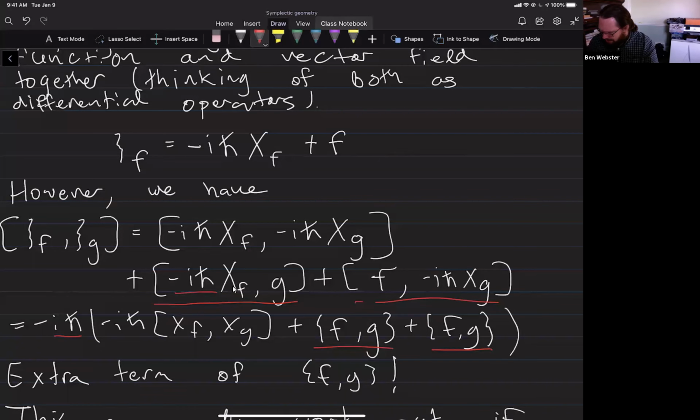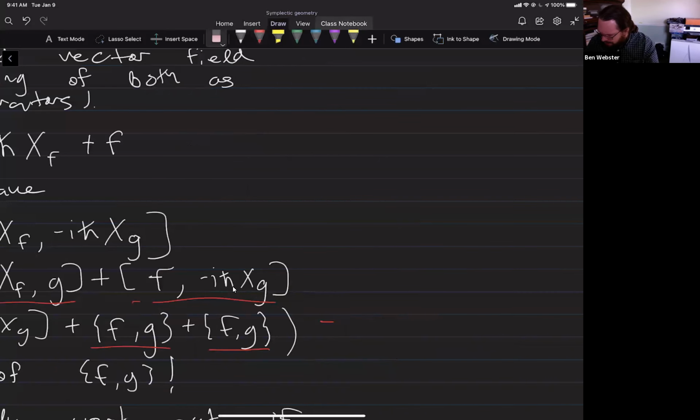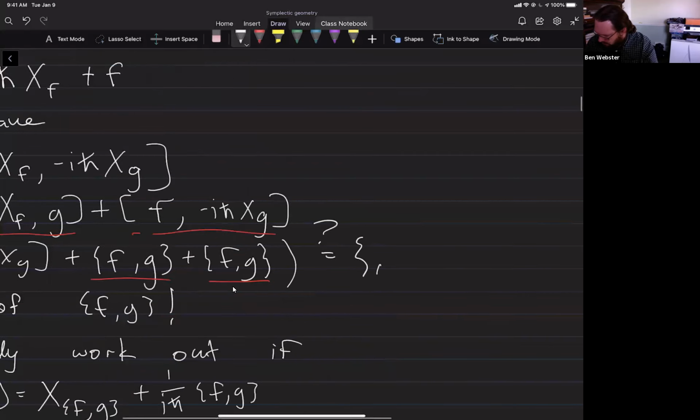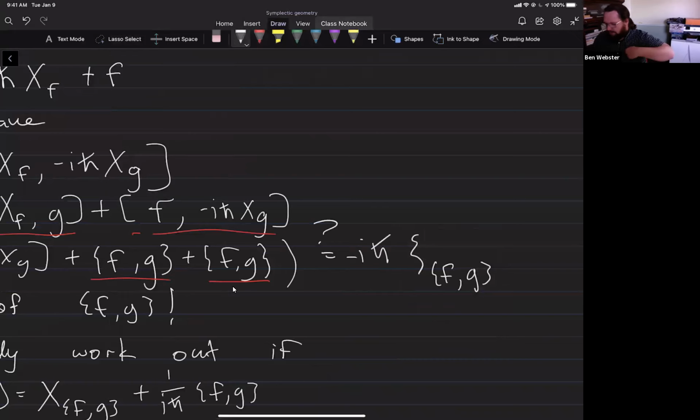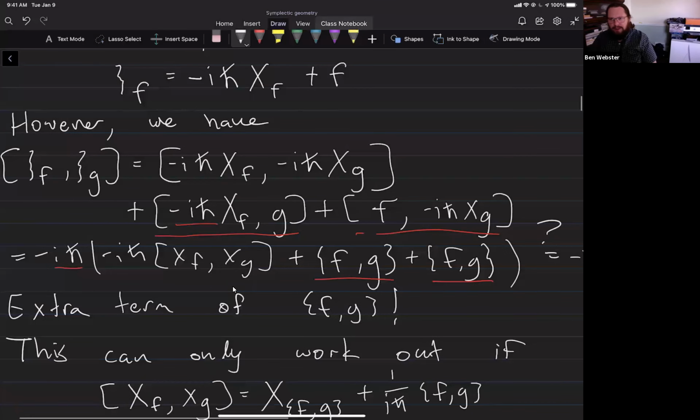So this is pretty close to this operator applied to the Poisson bracket, with this extra term of minus i h bar, but not quite, because I have this extra term of the Poisson bracket.